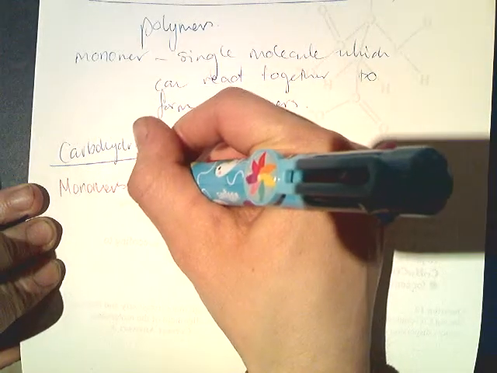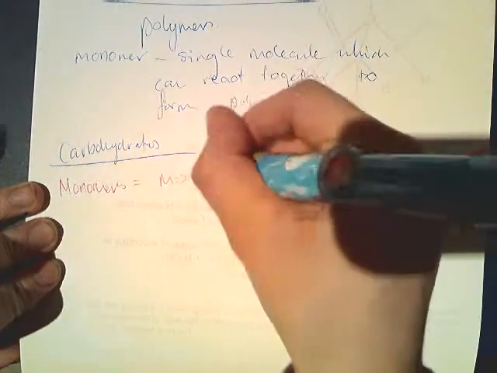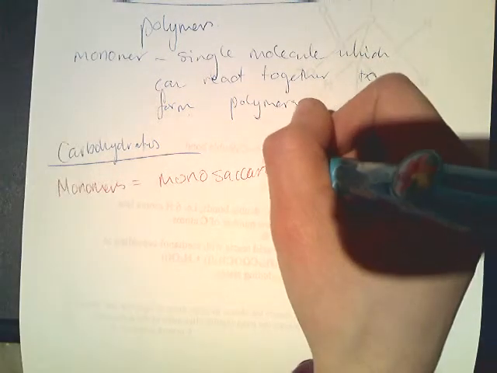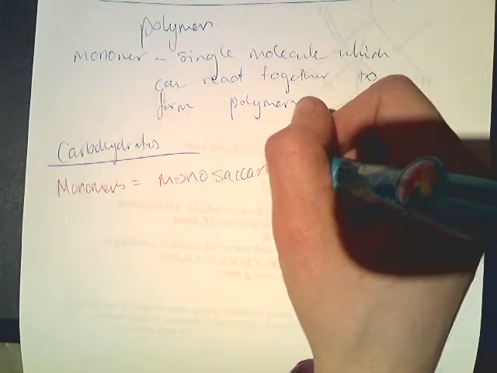So, in carbohydrates, the monomers are called monosaccharides. And we have learnt about a few of these monosaccharides.